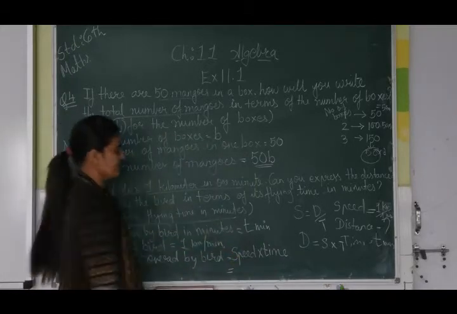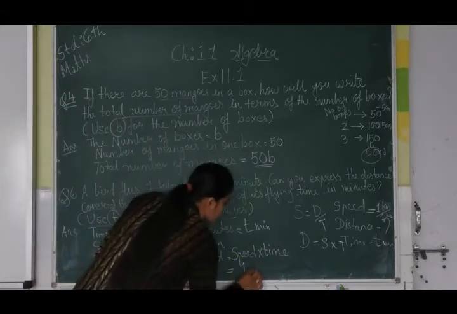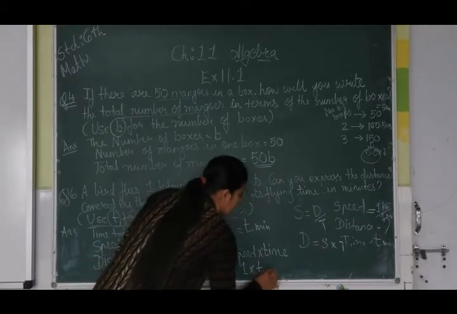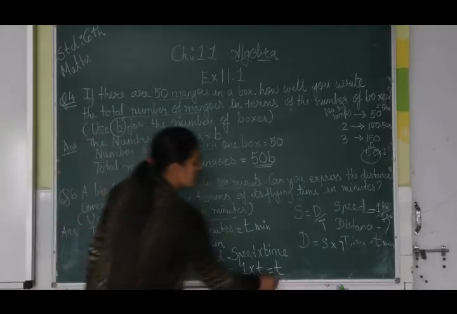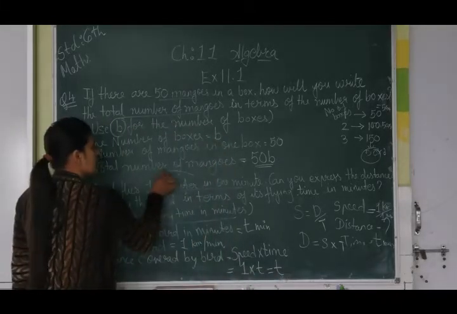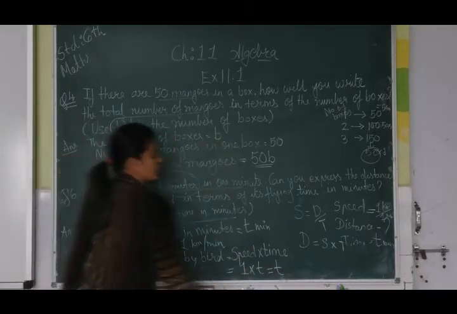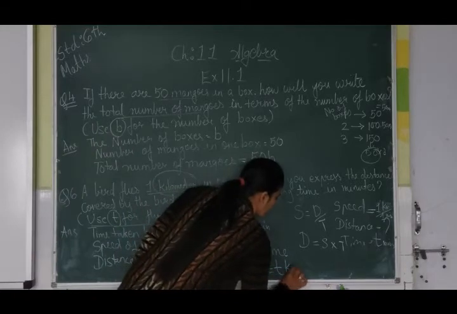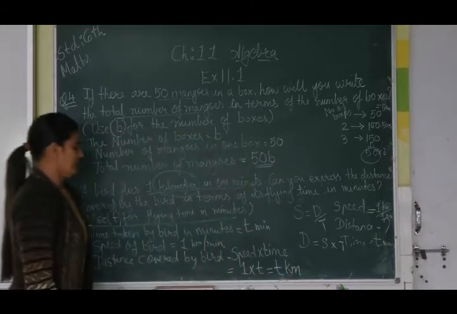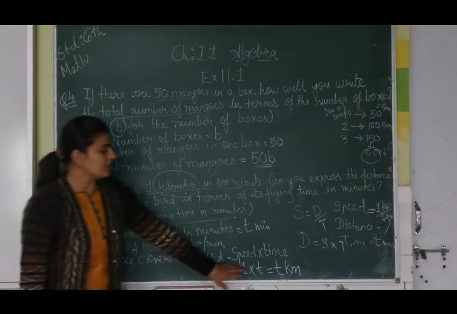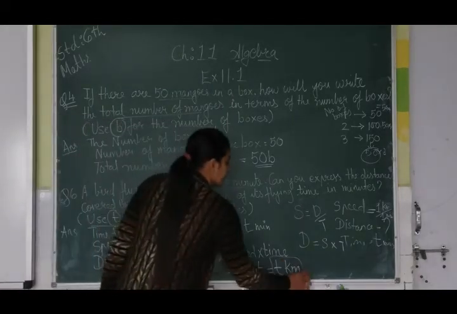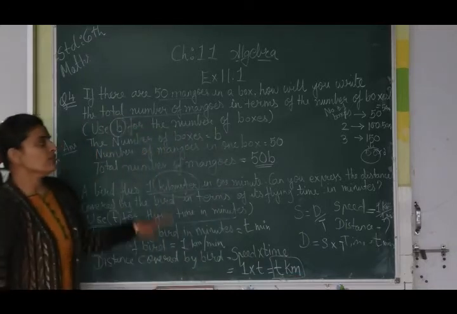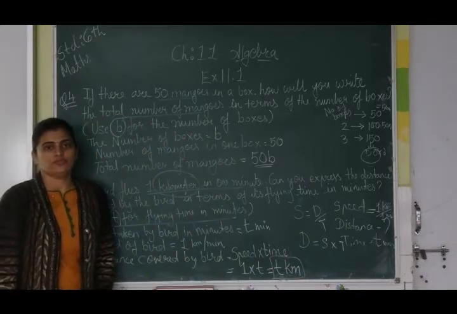Time is T. So 1 multiplied by T will be equal to T. We are talking about distance, so kilometer is given. So distance covered by the bird will be T kilometer. So this is the answer. So this way you have to solve the other problems also.